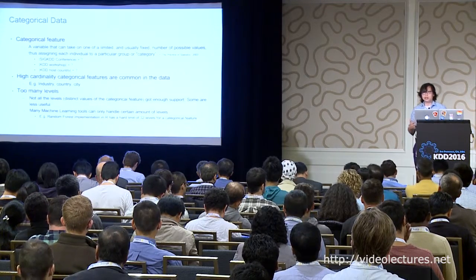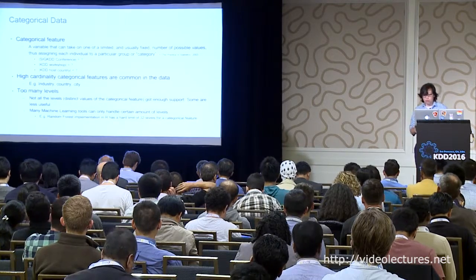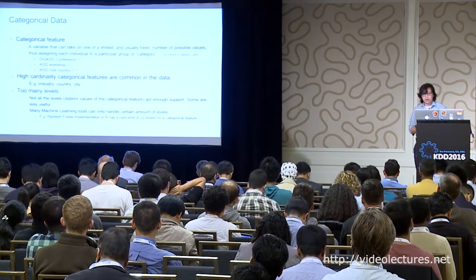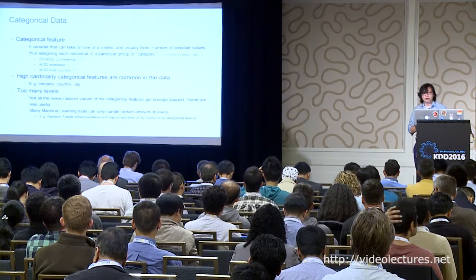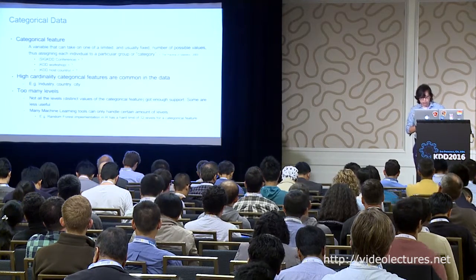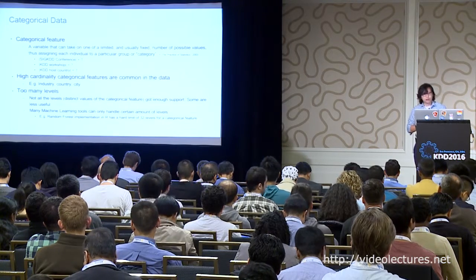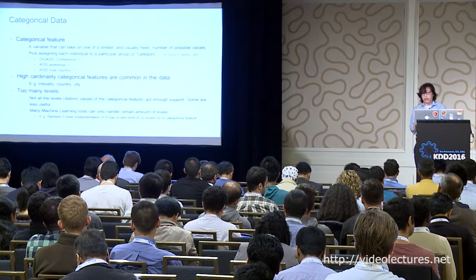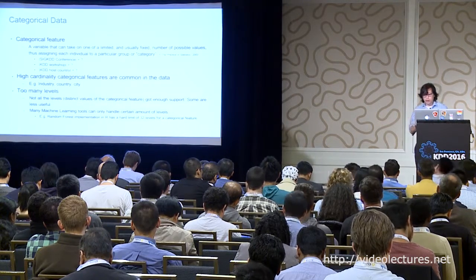But in reality, in real model building platforms, we deal with a lot of categorical features with very high cardinality, for example, industry, country, or city. Not all of the categories or levels of those features have enough support.